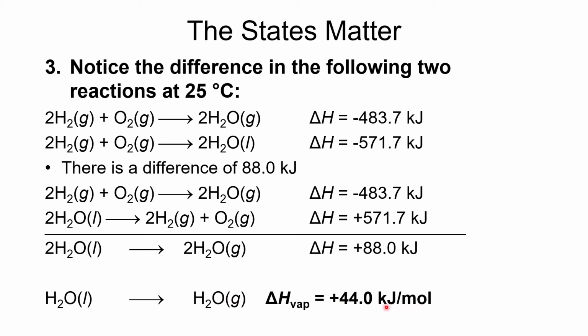When you make this per mole, you can turn your enthalpy from an extensive property into an intensive property because now it is listed as per mole. So that means that if we want to take 18 grams of water, 1 mole of water, and evaporate it at 25 degrees Celsius, 44 kilojoules of energy needs to flow into that water for the evaporation to occur.